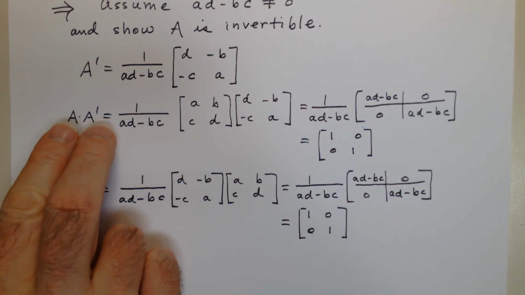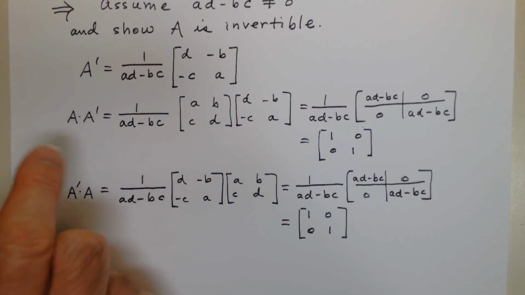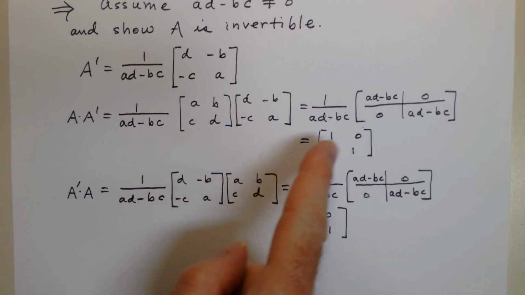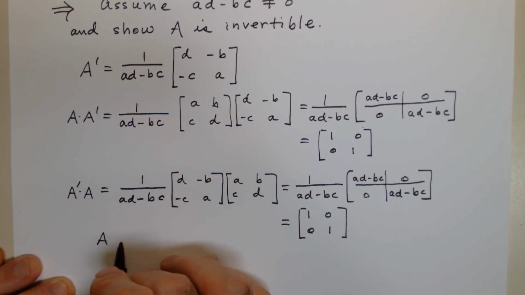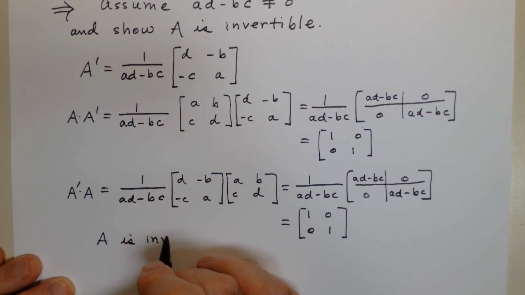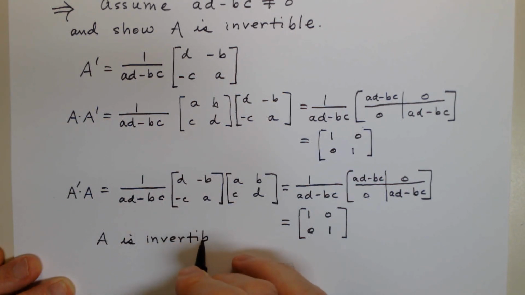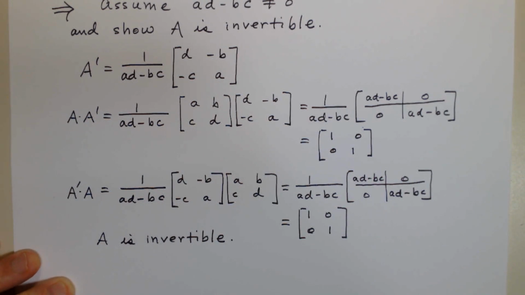Okay, now if we just look at our definition of what it means to be invertible, we've shown that there's a matrix. We're calling it A prime. When I multiply on the right, I get the identity. When I multiply on the left, I get the identity. And that means that A is invertible. We know there's only one matrix that can do this, and that must be the inverse.